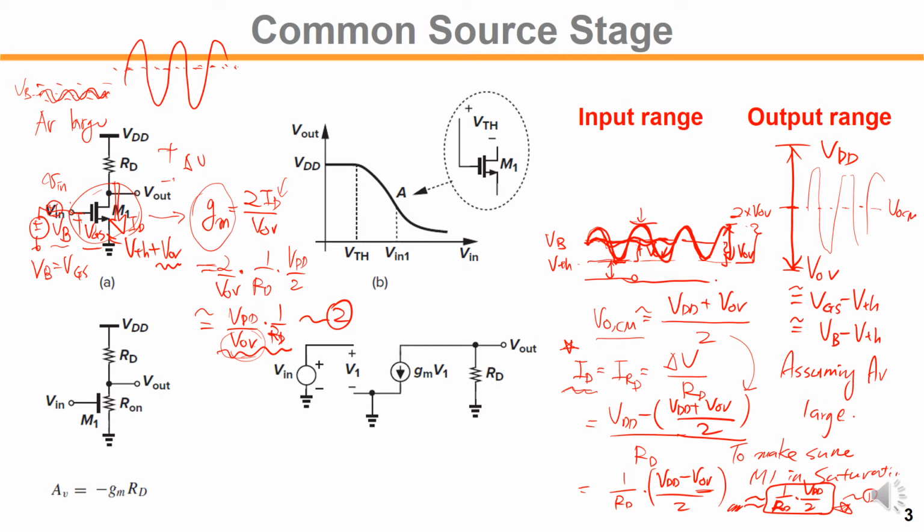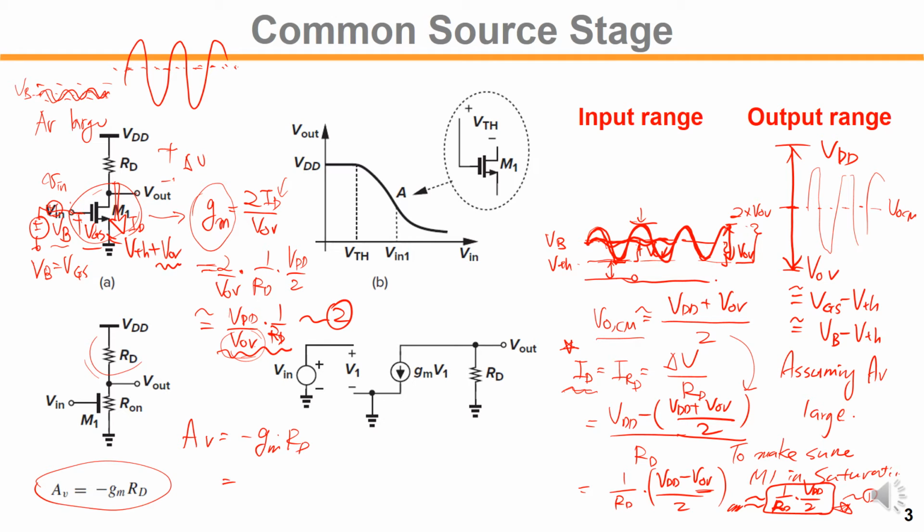So for this kind of typical common source amplifier, the AV will be minus GM times RD through this equation. As you can see, the small signal current will flow through only RD.